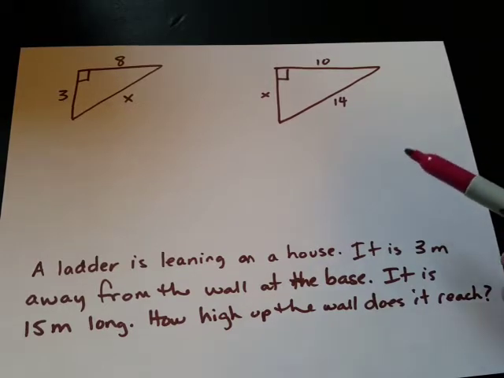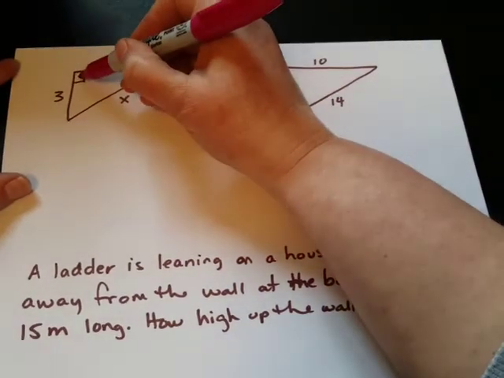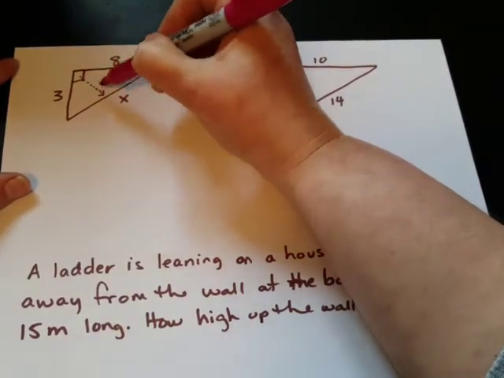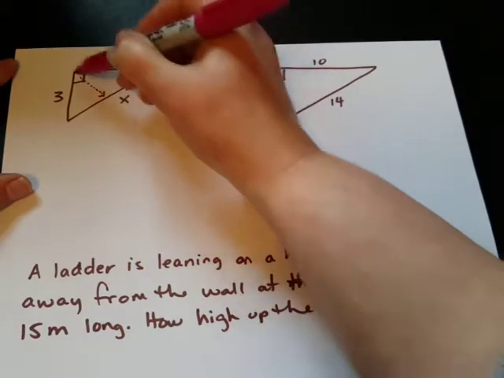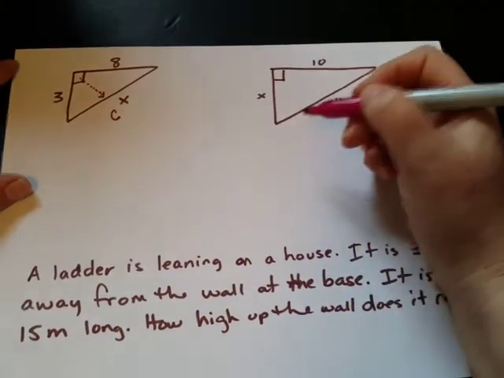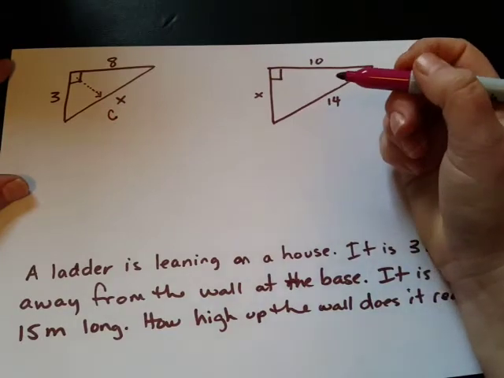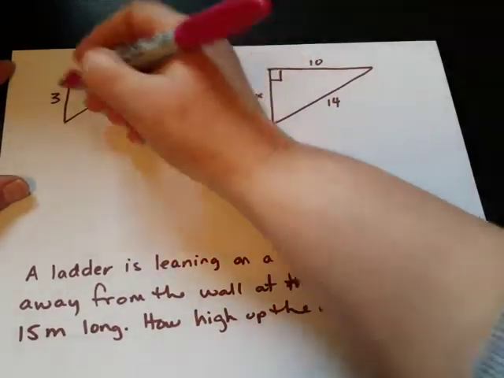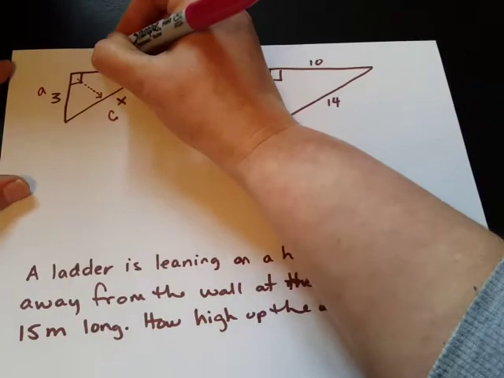So in order to get started, we need to be able to label the sides. We would start from the 90 and call the side that's across from the 90 the hypotenuse. And in this case, we're going to give it the letter C. The other sides, those are the legs of the triangle.